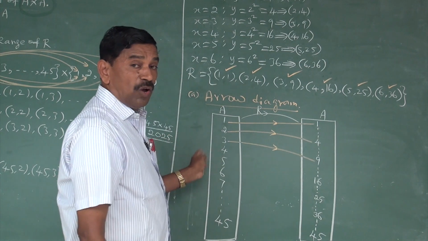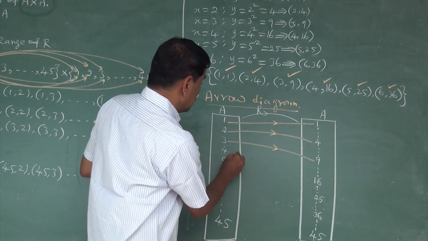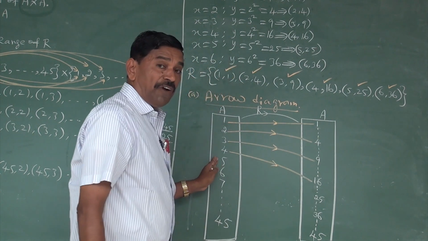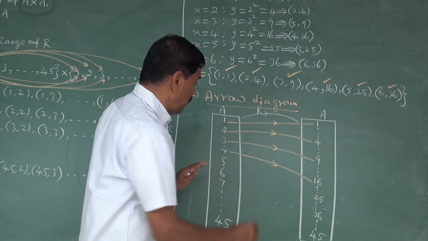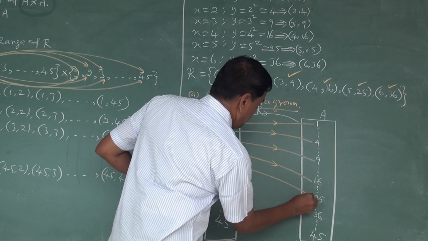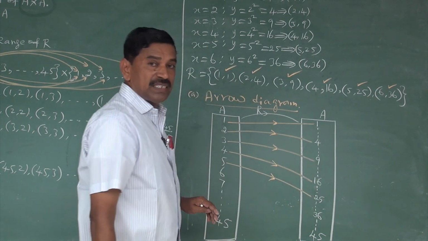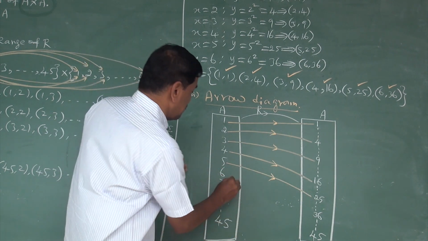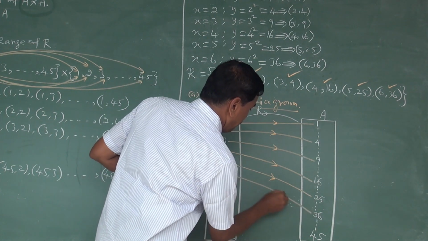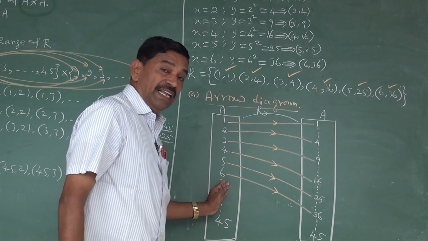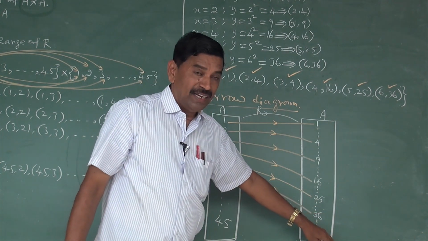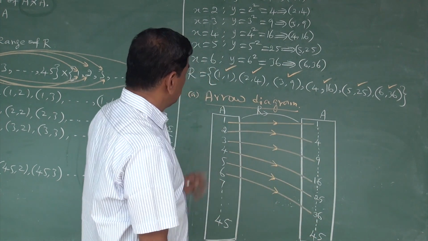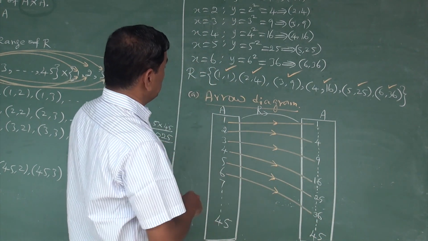Square of 4 is 16. Square of 5 is 25. Square of 6 is 36. Square of 7 is 49, but 49 is not available in the given set. Okay, that's all. Now the arrow diagram is ready.